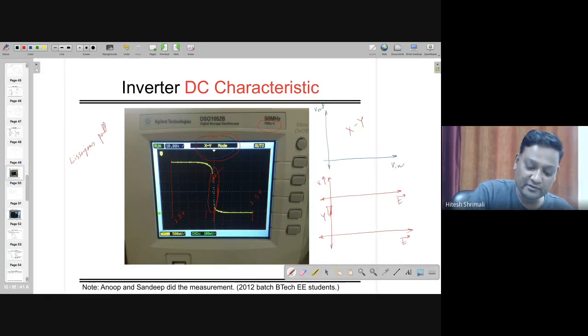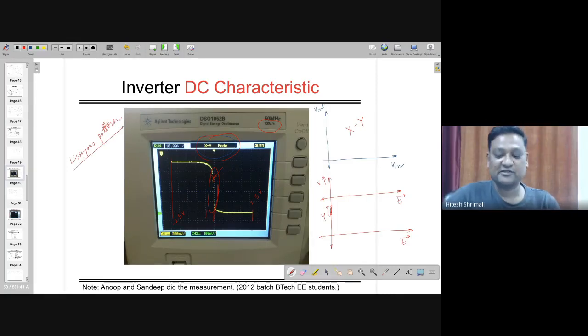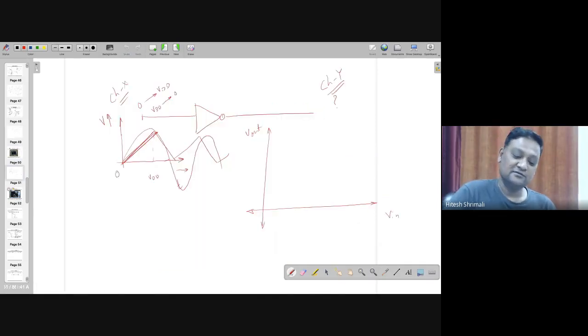Those who have studied Lissajous pattern in your BTech, maybe first year, second year, you must have experienced that while keeping in XY mode, these images are moving, they are not becoming stationary. If you want to make it stationary, you have to give such kind of ramp input with very low frequency.